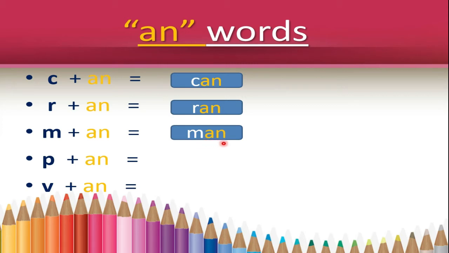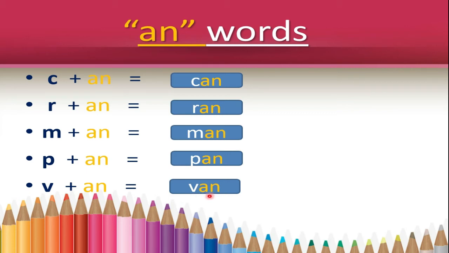M-A-N, man. P with AN, it forms pan. P-A-N, pan. By joining V with AN, it forms van. V-A-N, van.